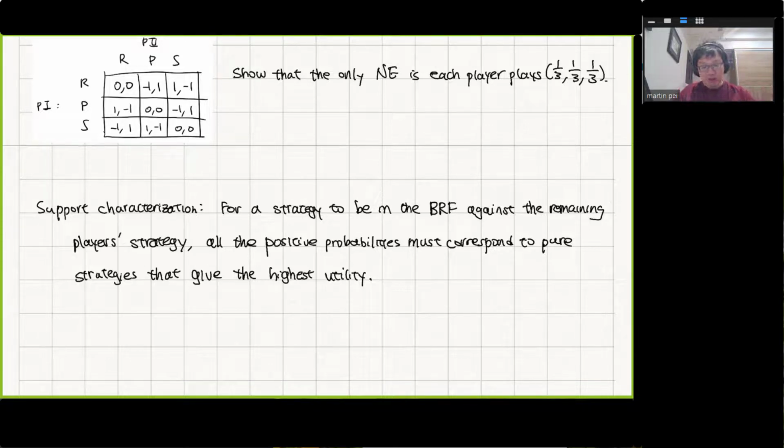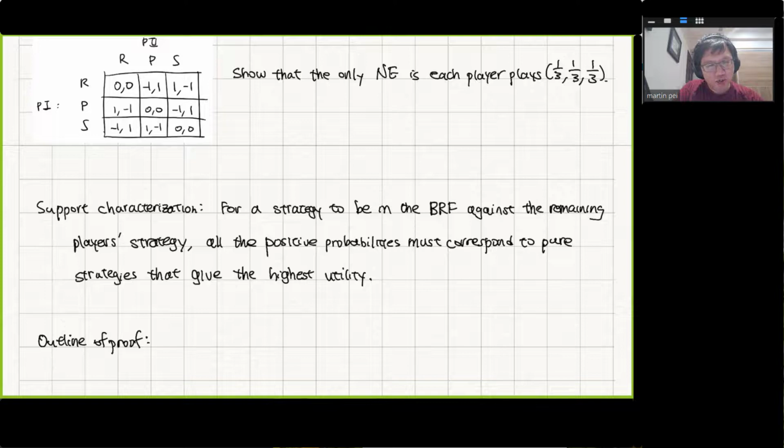Because I don't have much time, I will just give you an outline of how this proof would work. We can try to show that it is impossible to play a pure strategy, so it is impossible to play just rock or just paper or just scissors.